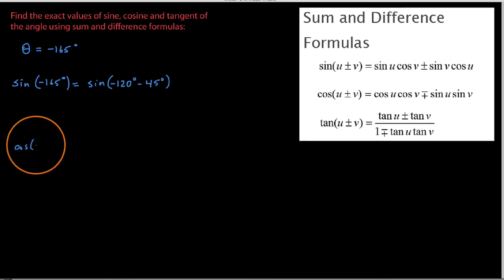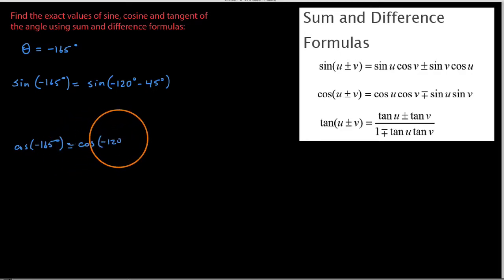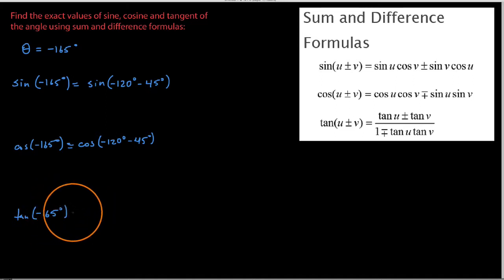The cosine of negative 165 can be written as the composition of a negative 120 degrees, again, minus a 45, two values that we're familiar with. And we say the same thing with our tangent here. The tangent of negative 165 can be interpreted as being the tangent of the difference of these two angles, negative 120 minus a 45 degree angle.